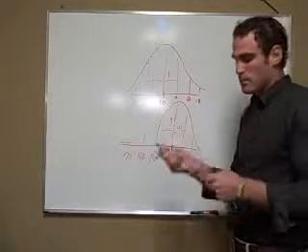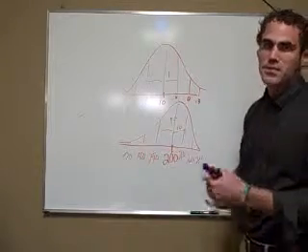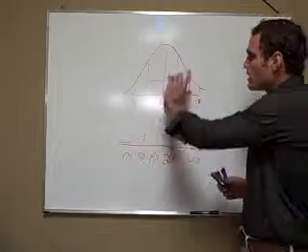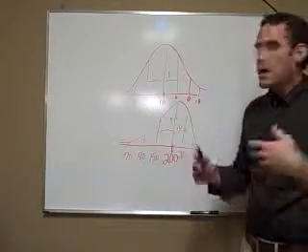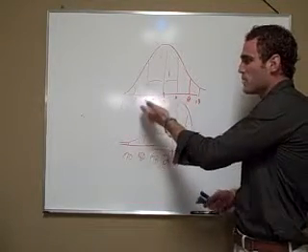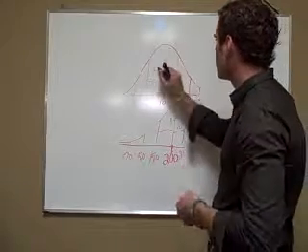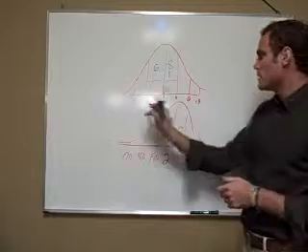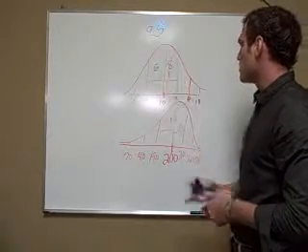Now, my writing is a little messy, but they should be even, symmetric, perfect. If you're a great artist, it will be fine. I draw mine quick. Now, we've got these stepped off in standard deviations, so I could ask you the question, what percent of bottles were filled between 9 ounces and 11? And your answer would be 68% of the bottles. I could say, what percent were between 8 and 12? And your answer would be 95% of the bottles.